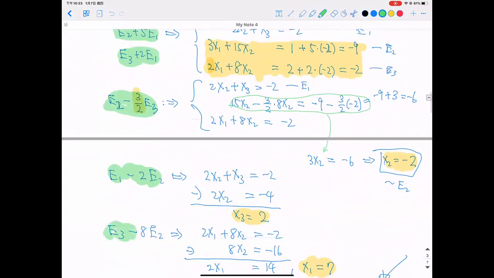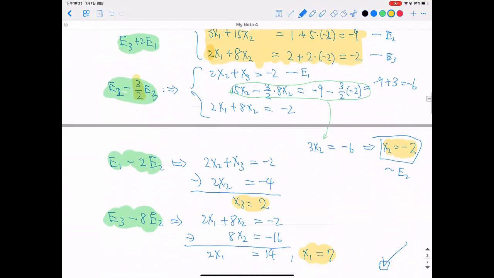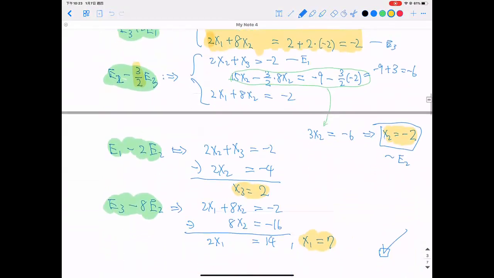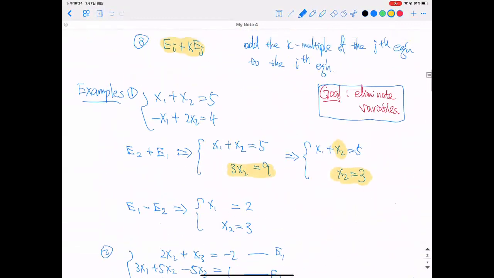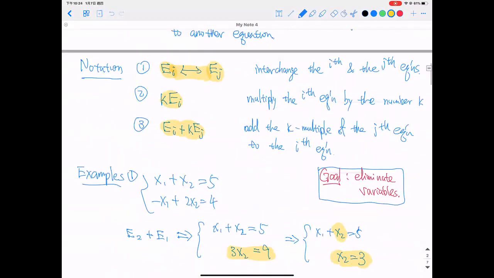And in the end, we found the solution. Very well. This example also gives you a little bit of an idea as to how complicated the process can be, but it's not hard.